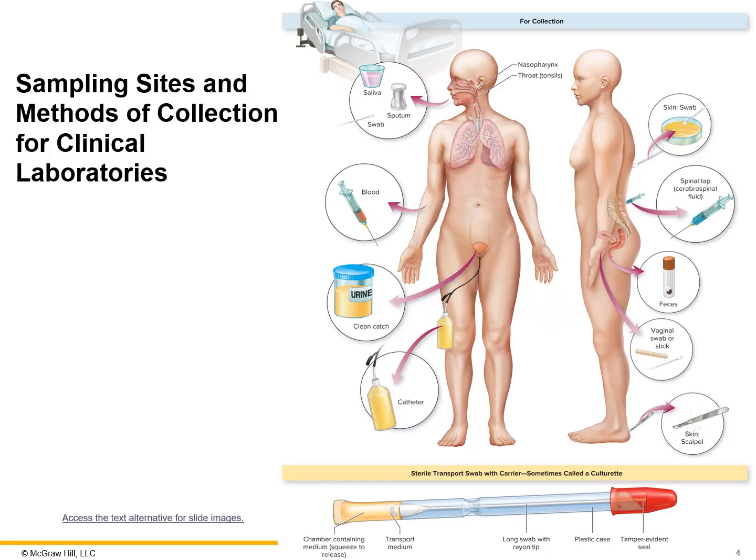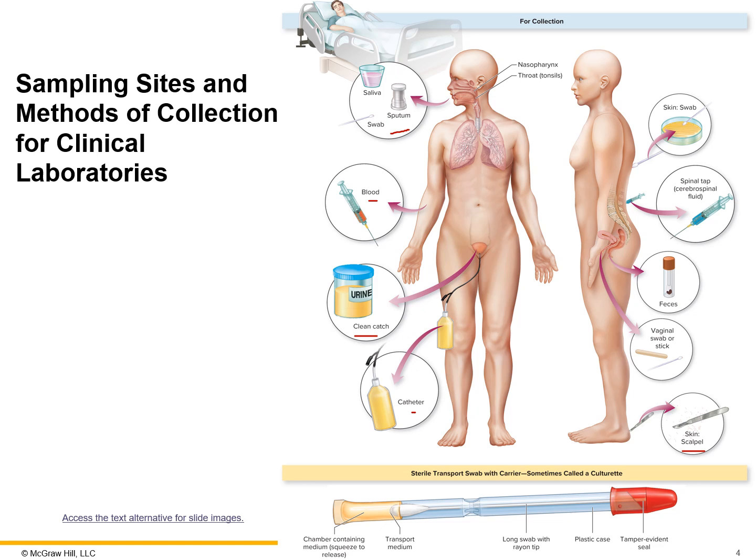First of all, the sites where we can collect this: there are multiple sites depending on which test is being run. Essentially, we have saliva, sputum, and swab that come from the oral route. We can look at blood tests, urine from a clean catch, just meaning trying not to get any resident microbiota, directly from the catheters.